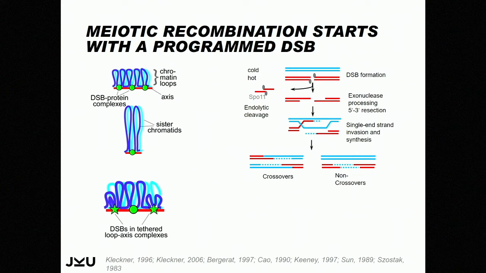When you have double-strand breaks in somatic cells, these can be repaired, as we know, with the CRISPR-Cas system, either by non-homologous end joining, but if you have a homolog nearby, then you repair it by homologous recombination. And this is exactly what meiosis tries to do. It tries to repair these double-strand breaks preferentially by homologous recombination, and this produces, and I skipped a series of steps here, but mainly you can produce crossovers or non-crossovers, as was nicely presented in the previous talk.